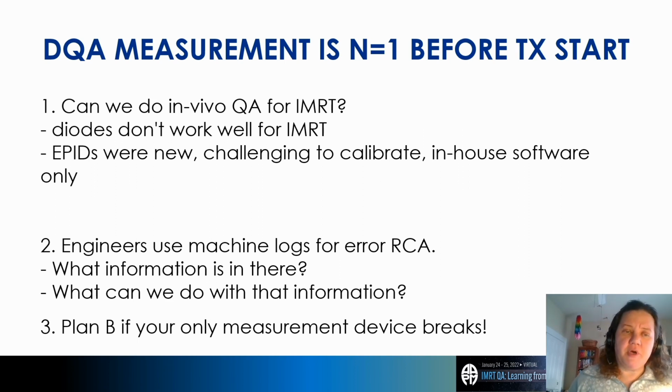But what we also knew is that engineers use machine logs for error root cause analysis. So medical physicists started to look into, okay, what information can we find in machine logs and what can we do with that information? And also we needed to figure out what's our plan B if our only IMRT measurement device breaks once we moved away from film and film processors.